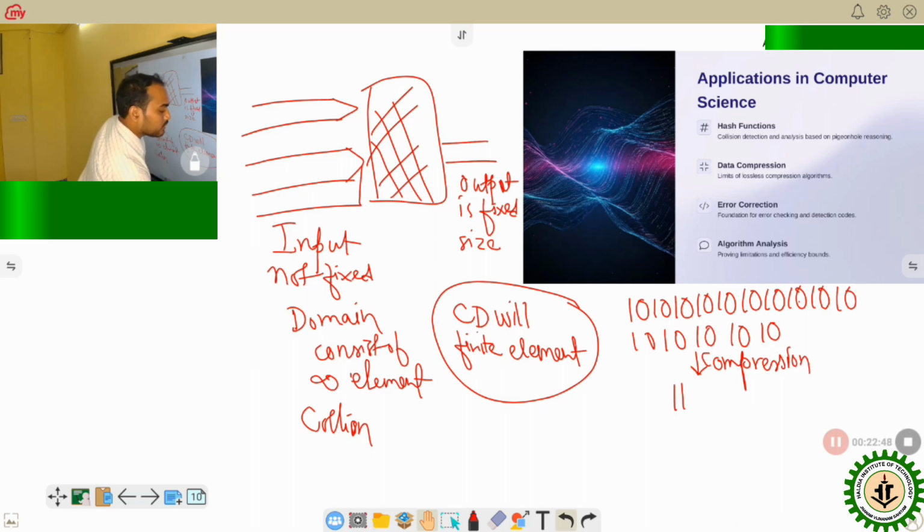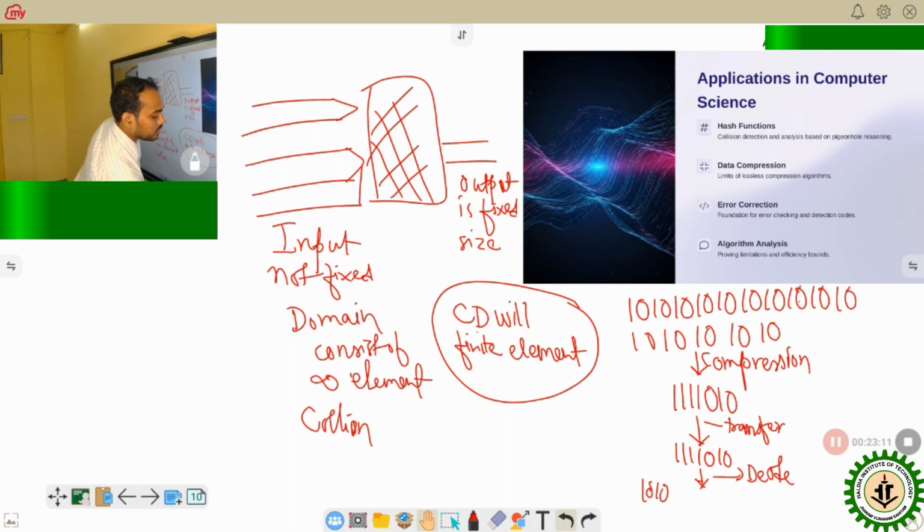Compress it to this value. After that, you transfer the same value, 11111010, and you can decode it to the original one, that is 1010, and so on.